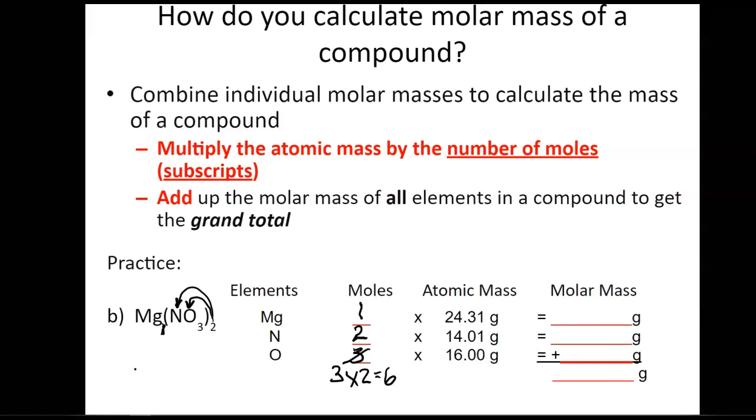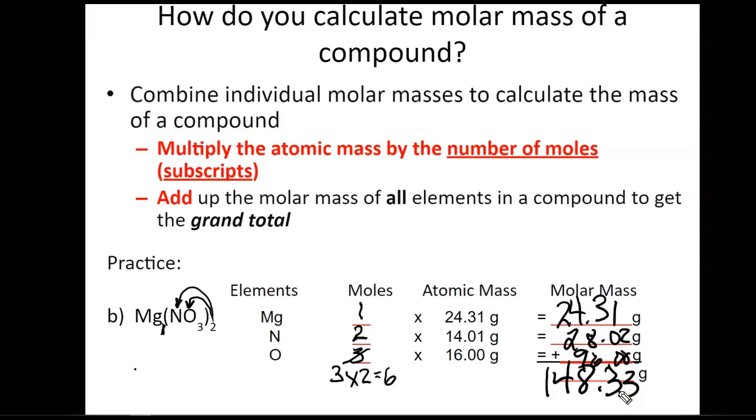Okay, so in multiplication, I find that I have 24.31, and I have 28.02, and I have 96.00. And when I add all those up, I'm making sure I do the math correctly right here so I don't have to redo it, and I get my molar mass will come out to 148.33.